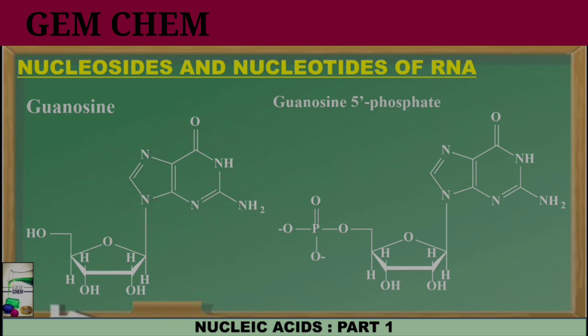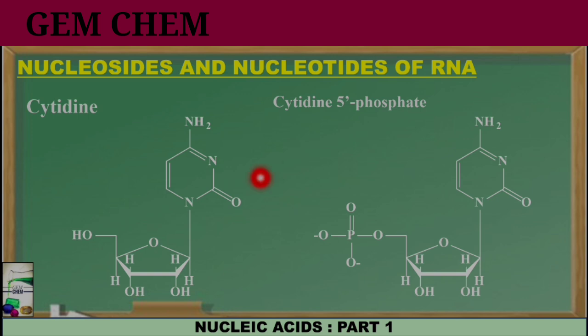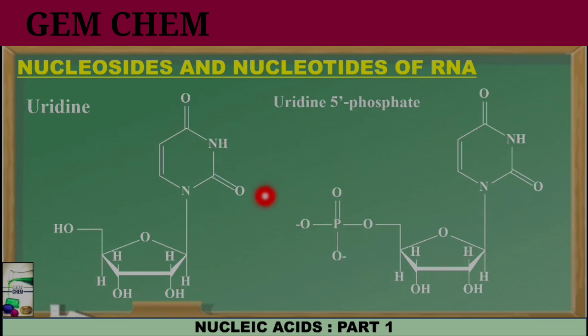Same structure, this part remains same, just the base is getting connected with this nitrogen, and this is your guanosine 5-phosphate. This is your cytidine, and this is cytidine 5-phosphate. Just the base is getting added here. If you consider the last one, uridine, and you have uridine 5-phosphate.